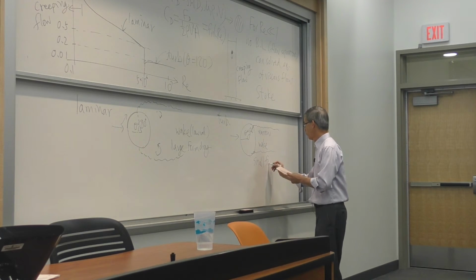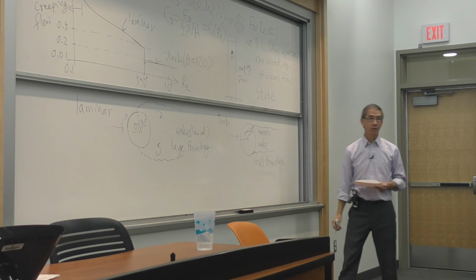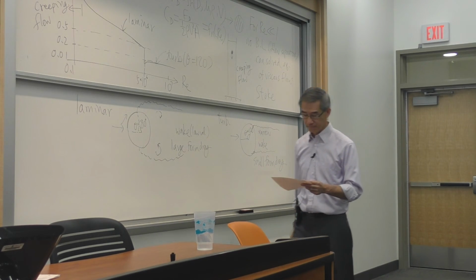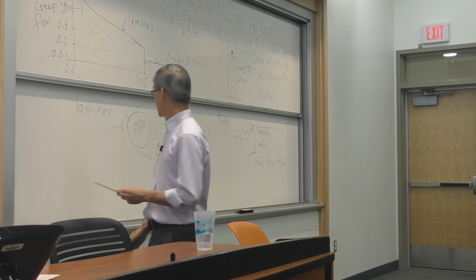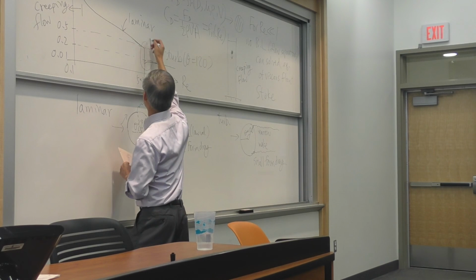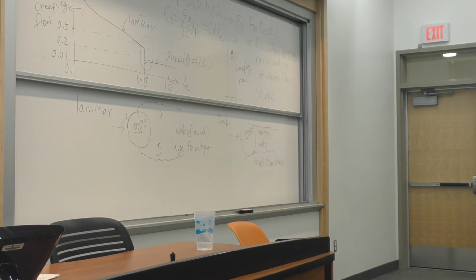And the pressure differential between the forward and the aft leads to a smaller form drag or pressure drag. And that is the reason why there's a sudden drop, a factor of 2, in the drag coefficient.